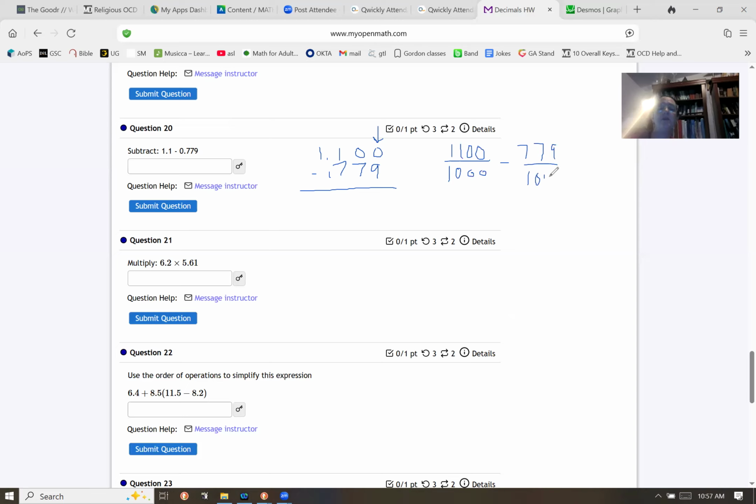So if we wanted to do this in our head to get our answer in the thousandths, is anybody able to take 1,100 minus 779? Everybody try to do that in your head. 1,100 minus 779.